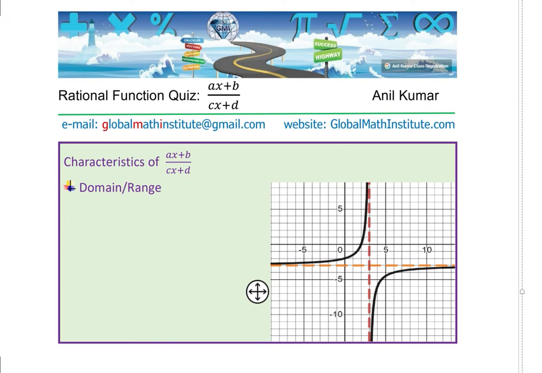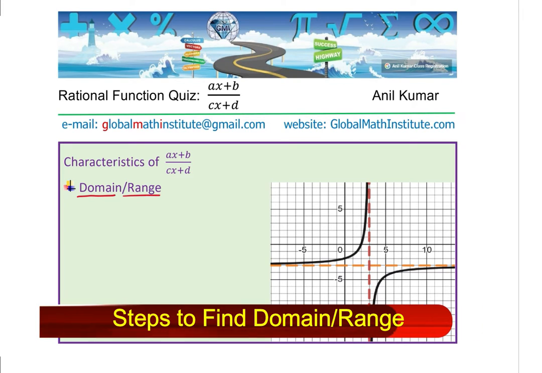Now, let's look into the domain of this particular function. So when I say domain and range, let's talk about both domain and range. So the domain is the possible x values, meaning everything except the vertical asymptote, right? So we know that the denominator cx plus d should not be equal to 0, as far as the domain is concerned.